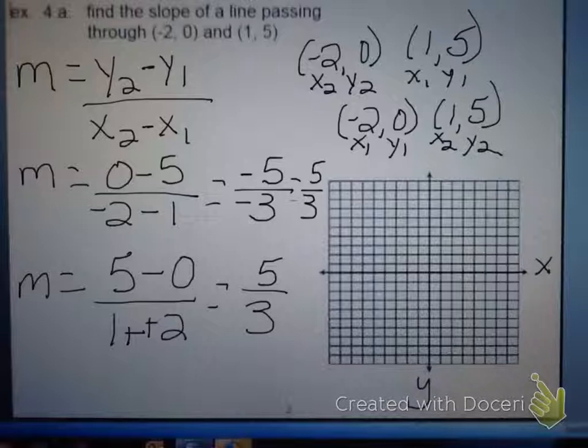Now let's plot these 2 points on a coordinate plane. (-2, 0) is right here, and (1, 5). I'm going to connect my points with a line. Now, if you're given a graph, you can calculate the slope by doing rise over run.